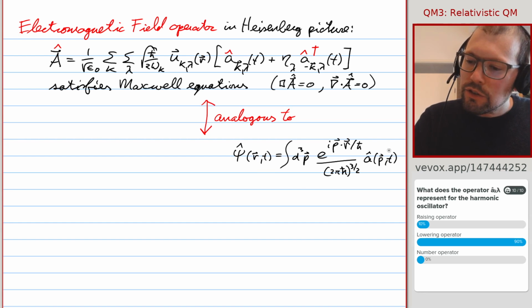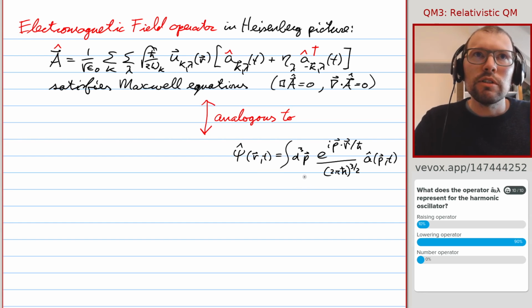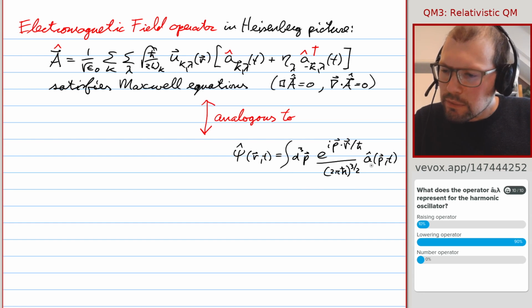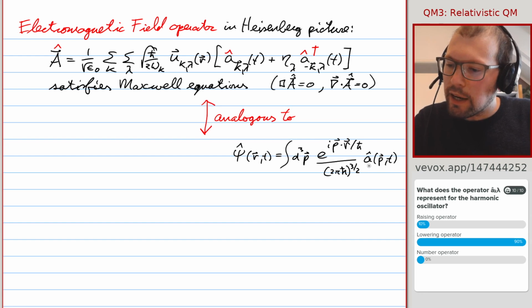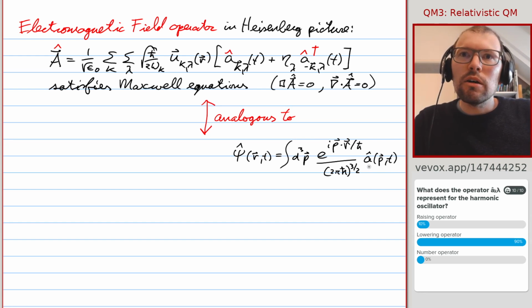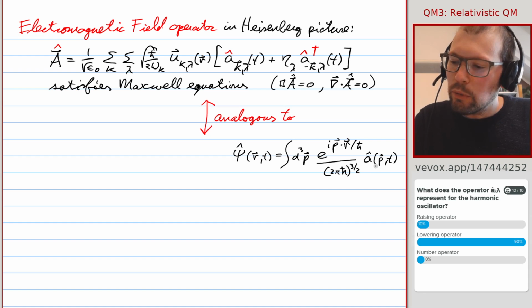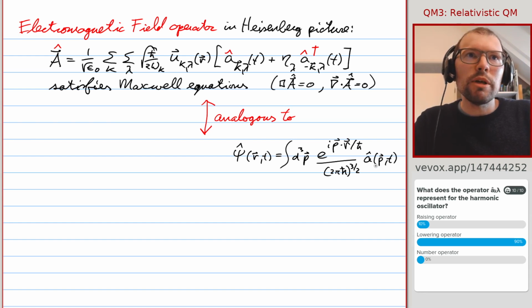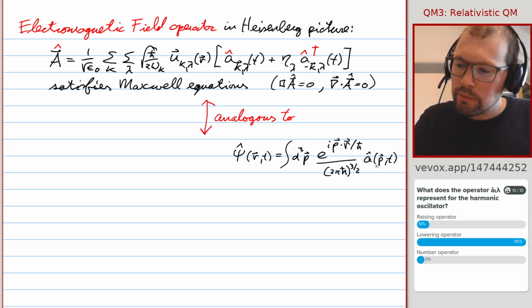Here we're not in a finite box, so that's why the notation is slightly different. This was the annihilation operator of a particle with continuous momentum p, that could take any real value.